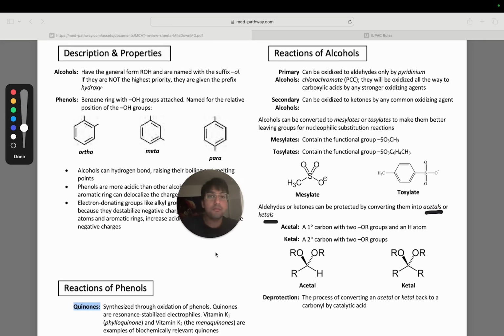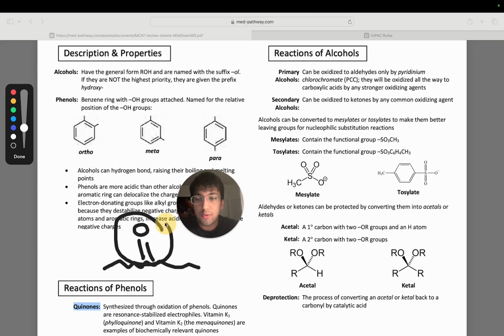Let's say I have this alcohol and I have this ketone in the middle of the chain, and I'm trying to manipulate this molecule and change it into something else. When I want to oxidize this alcohol or do different things to this molecule, I might accidentally end up manipulating the ketone in the middle. So I want to protect it if I want to keep the ketone as is. And that's what we're talking about here.